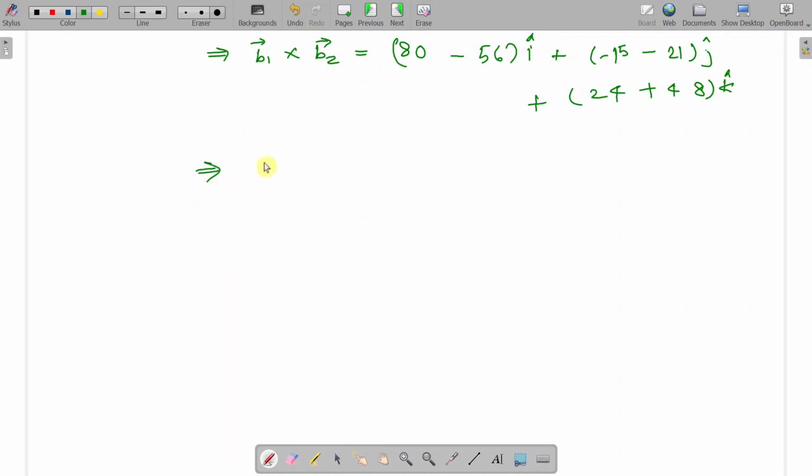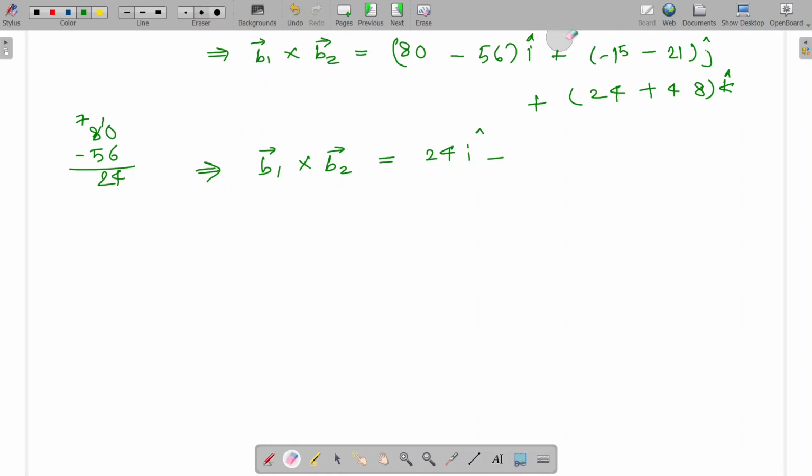Okay, so this implies B1 bar cross product B2 bar is equal to 80 minus 56, which is 24 i cap. Then minus 15 minus 21 is minus 36.